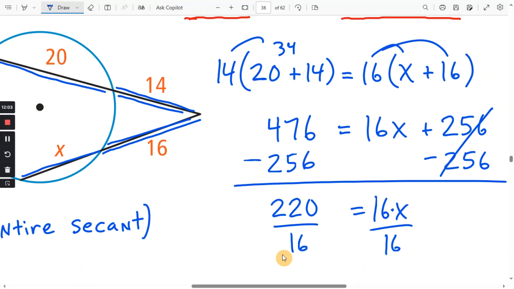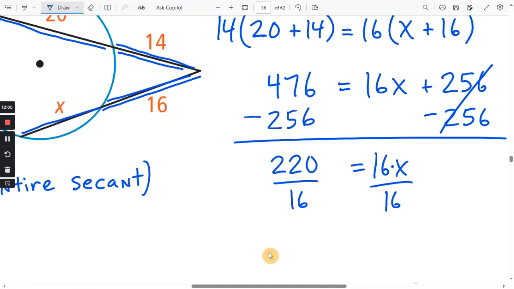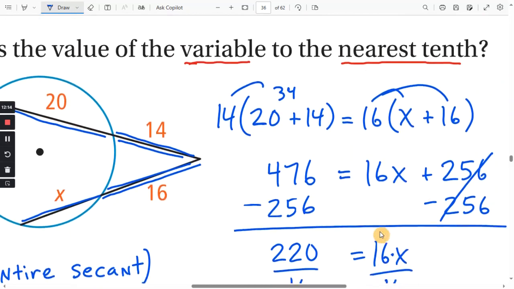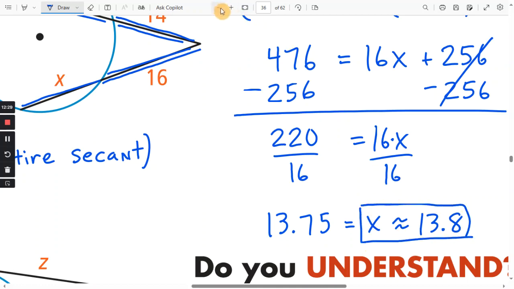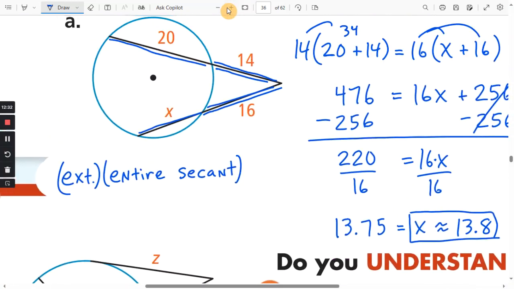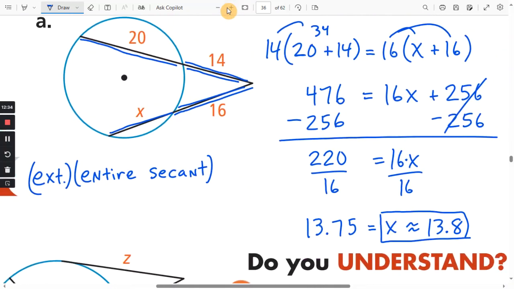I have 13.75. And I actually got that without rounding off. But if it says nearest tenth, then I guess you would round off to approximately 13.8. All right, but that is part A.